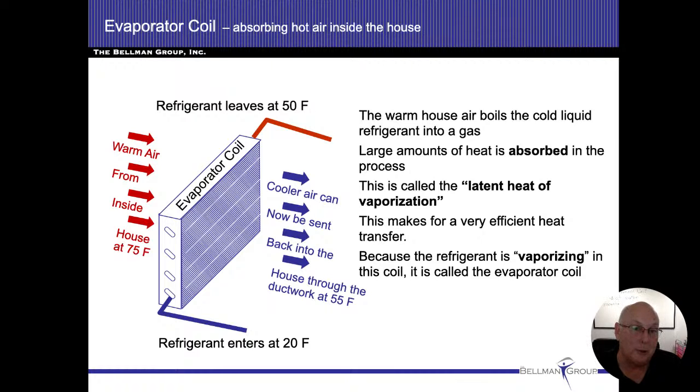Now, going back to the lines, we didn't really talk about the line set, but if you look at your air conditioning system, you're going to see two tubes out there. We call that the line set. One is going to be skinny and one is going to be fat, or bigger for lack of a better word. The bigger line is also known as our gas line, our suction line, or our low pressure line. That one's going to be cold to the touch.